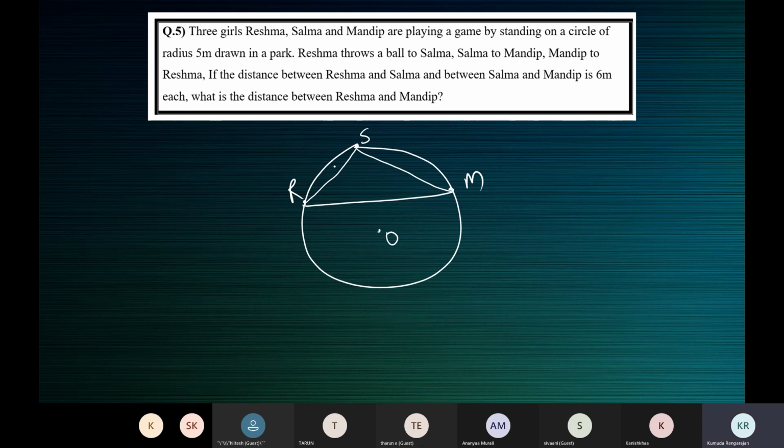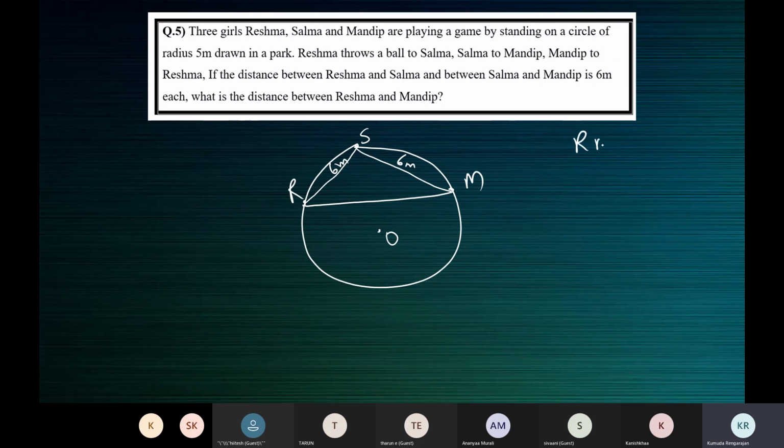If the distance between Reshma and Salma, and Salma and Mandeep, is 6 meters, that is, RS is 6 meters and SM is 6 meters, what is the distance between Reshma and Mandeep?